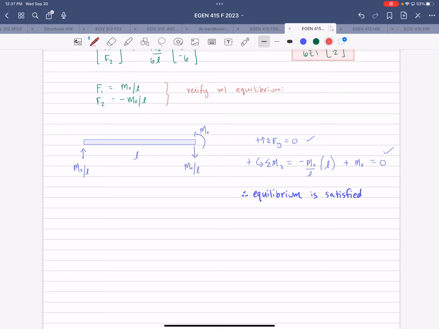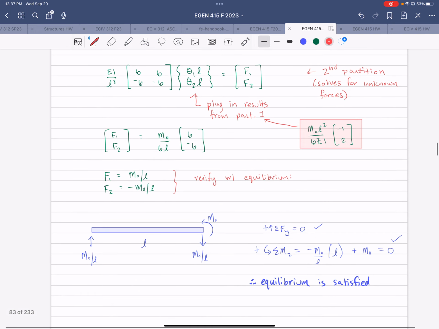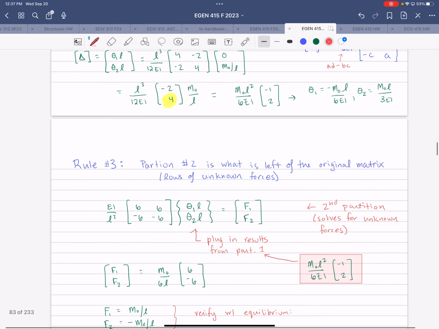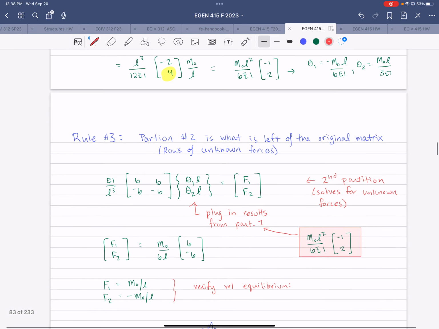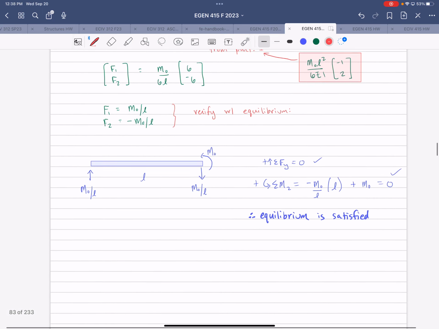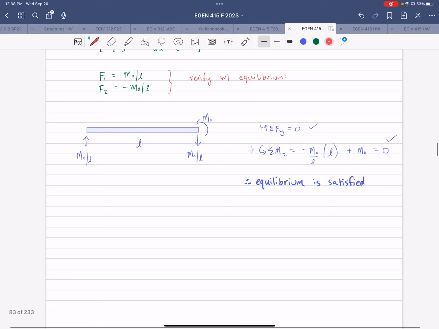let's go ahead and sketch the deflected shape based on the values we found for nodal rotations at 1 and 2. So we found theta 1 to be negative m naught L over 6 EI, and theta 2 m naught L over 3 EI. So we found that theta 2 is twice the magnitude of theta 1.